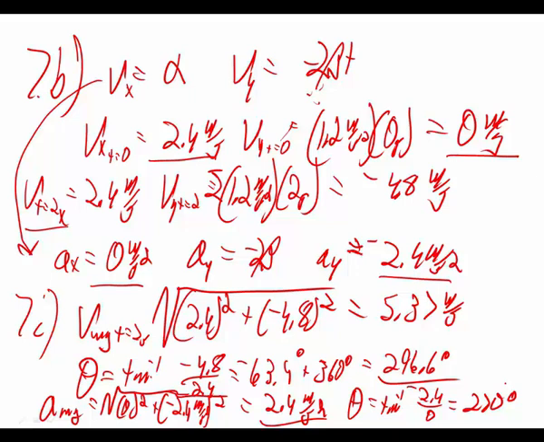Sketch the velocity and acceleration vectors at time 2 seconds. All right, so let's look at that now. Part D. All right, so what is the bird going to be looking like?